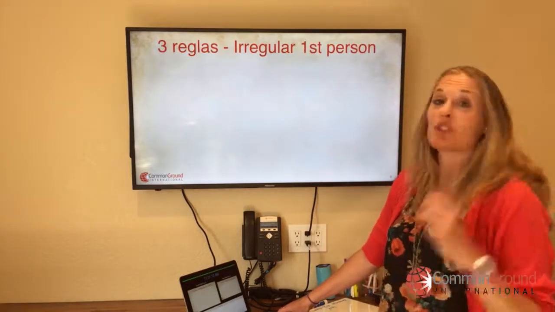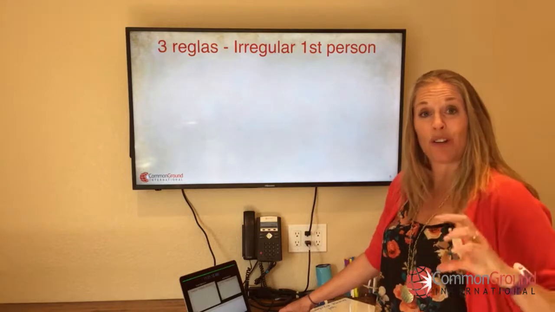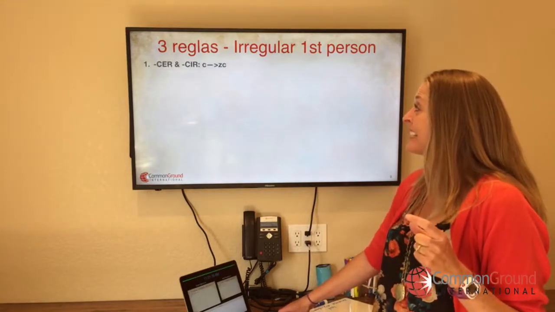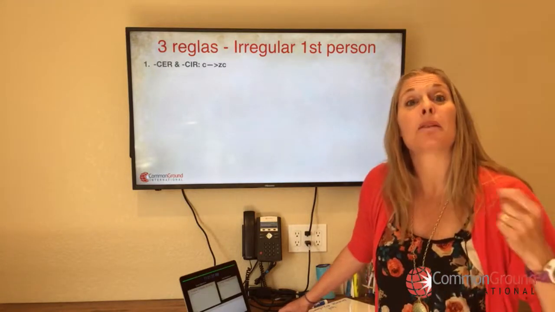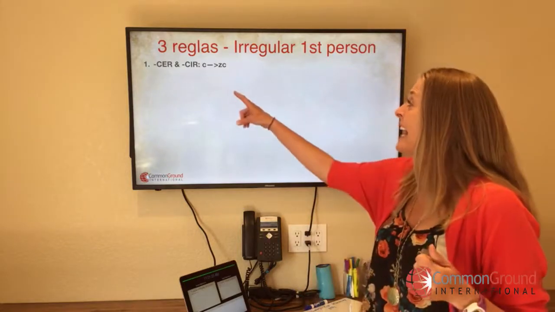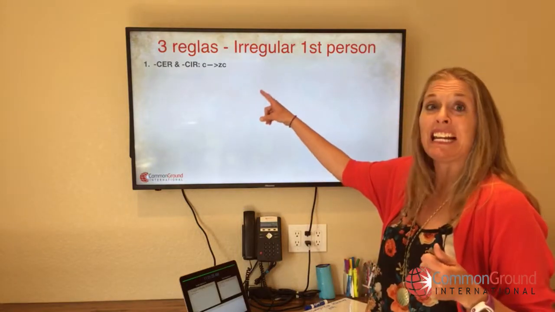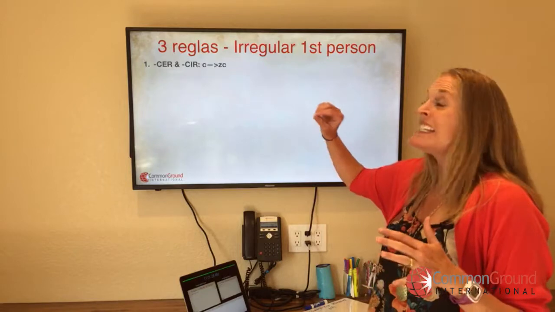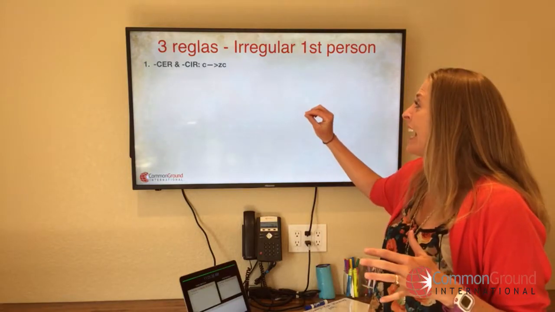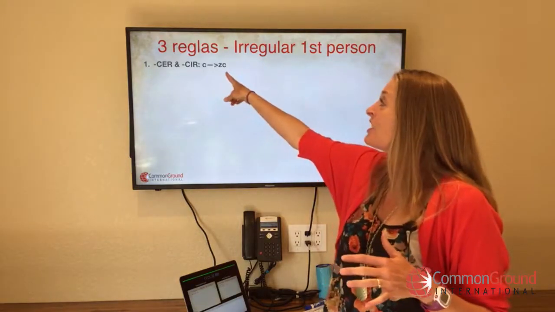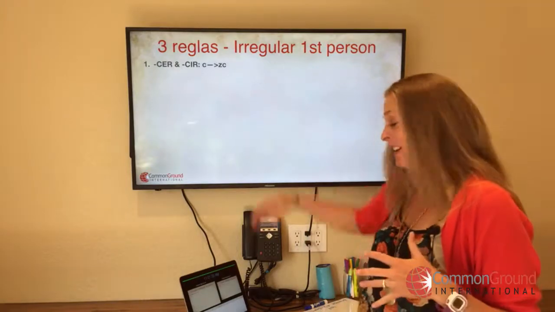Okay? So, tres reglas. When those yo forms, you're going to look at tres reglas. Si el verbo termina en CER or CIR, so if a verb ends in CER or CIR, then the C changes to ZC. We just saw un ejemplo de esto.